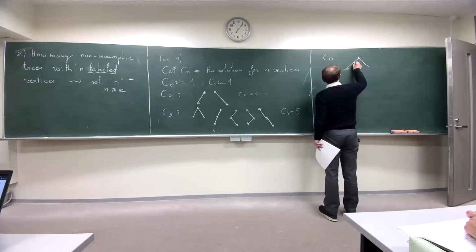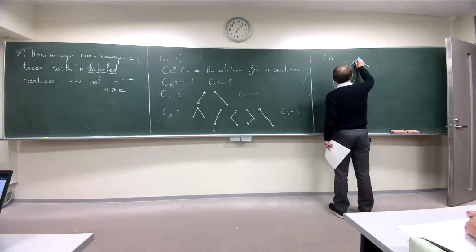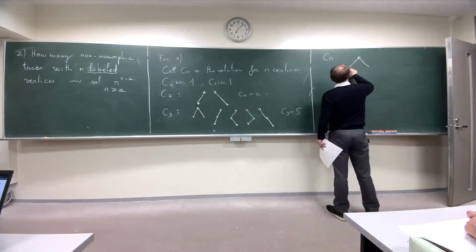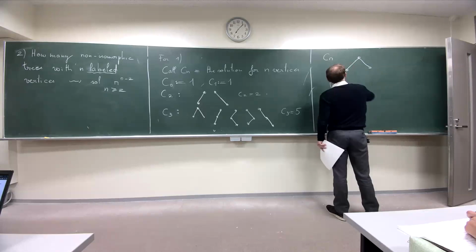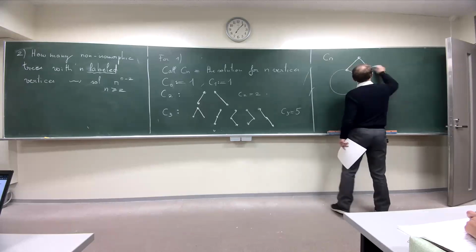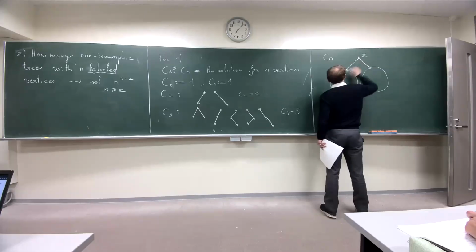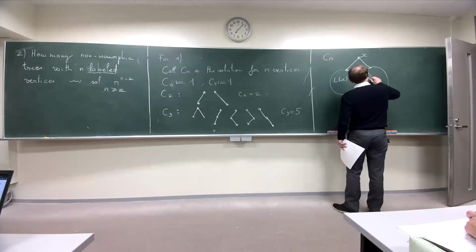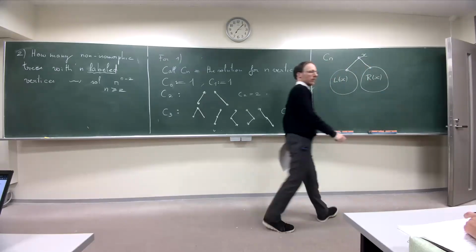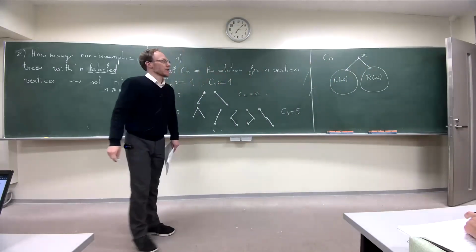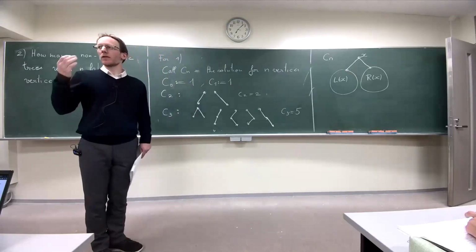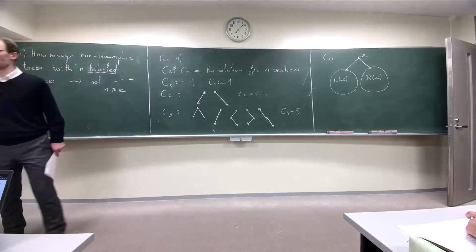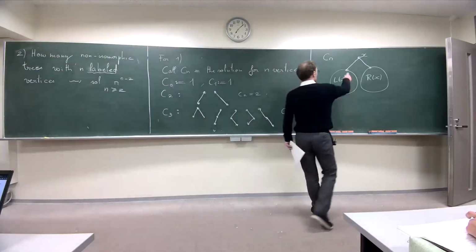Remember this part and this part: if I call this x, this is L of x, and this is R of x. I would like to compute Cn based on Cn minus 1, Cn minus 2, Cn minus 3, and so on. So there are different possibilities.